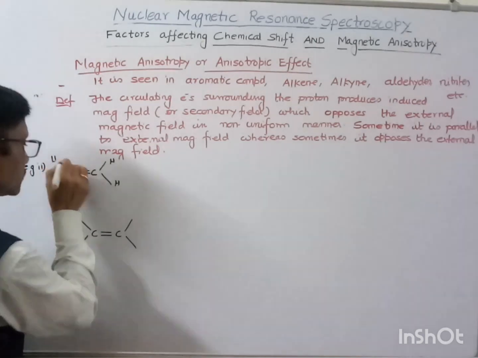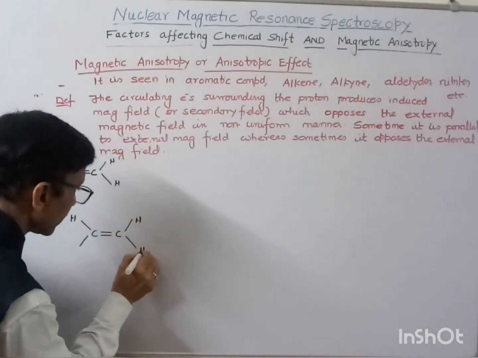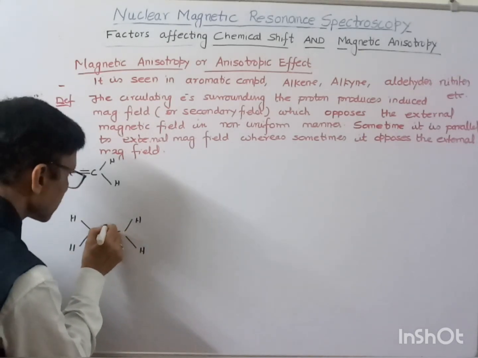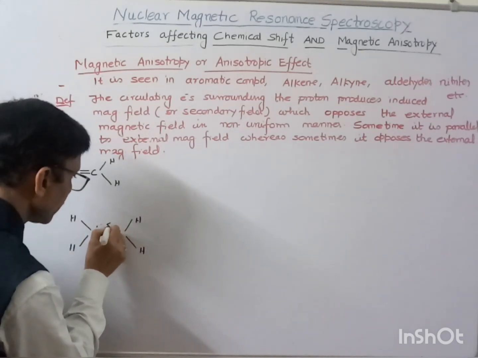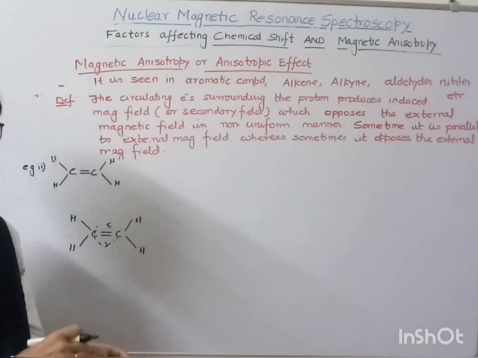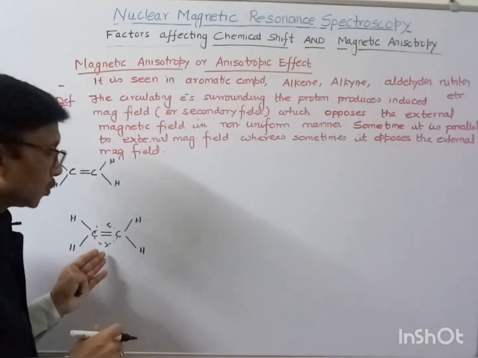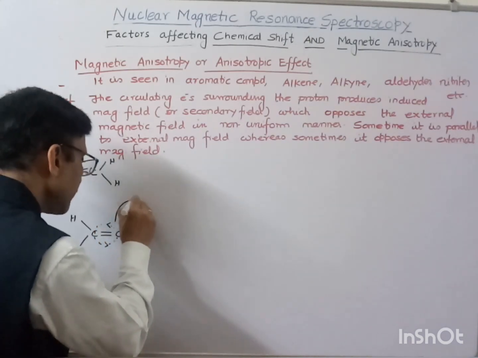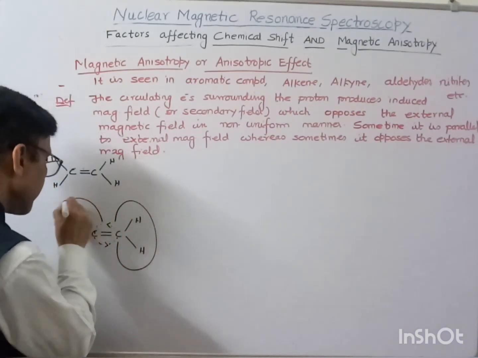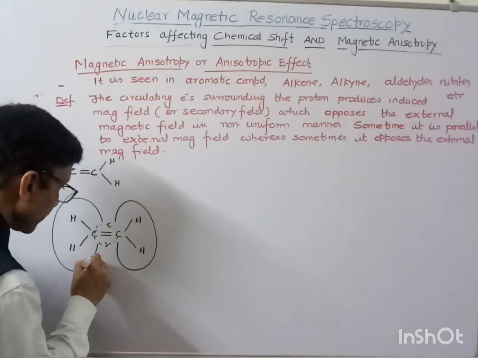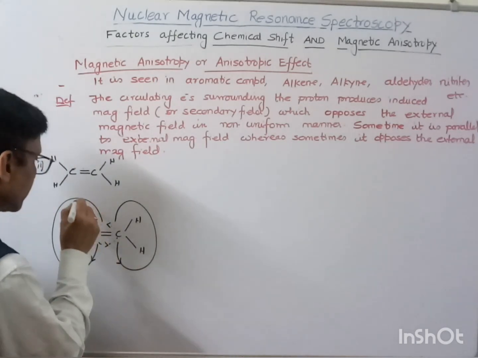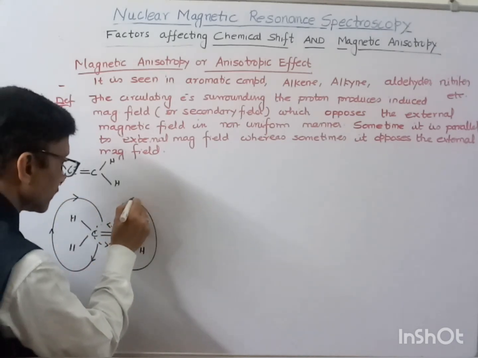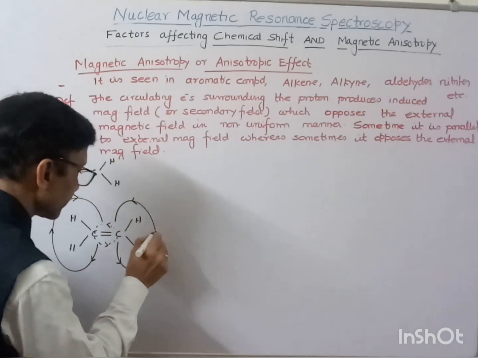These are the pi electrons, circulating in this way, and this circulating pi electron will generate a local diamagnetic current, or a secondary magnetic field. The direction of the secondary magnetic field is like this.